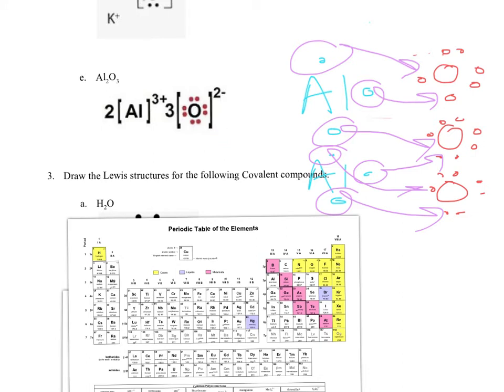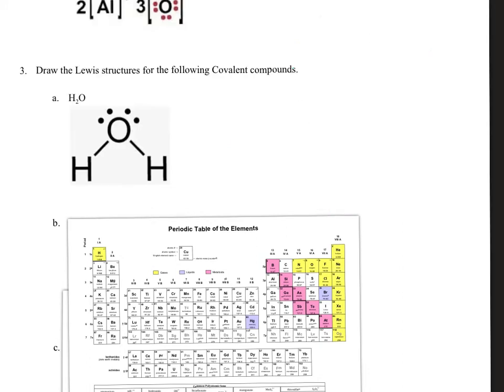So now we're going to move on to covalent compounds. For covalent compounds, we're going to write each of the atoms with their valence electrons to start with. So we have 2 hydrogens. So I have a hydrogen, and I have a hydrogen, and each one has 1 valence electron. And then I have an oxygen, and oxygen has 6 valence electrons.